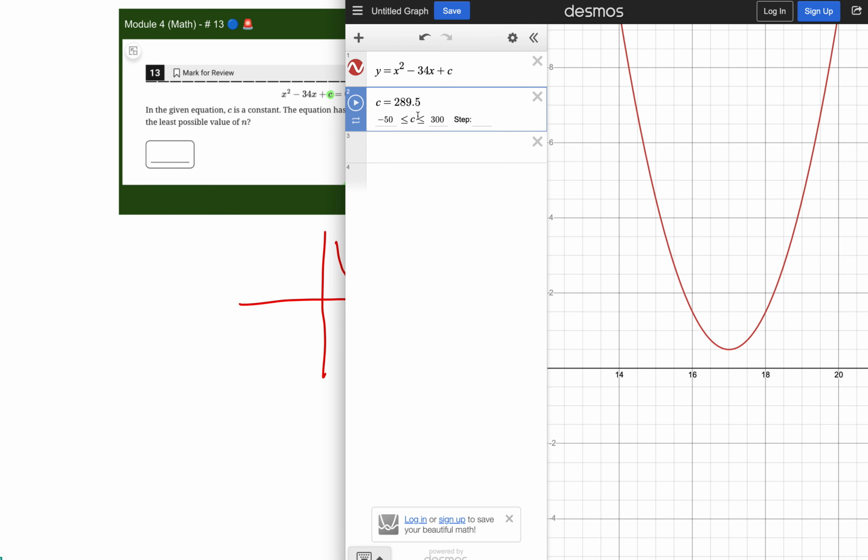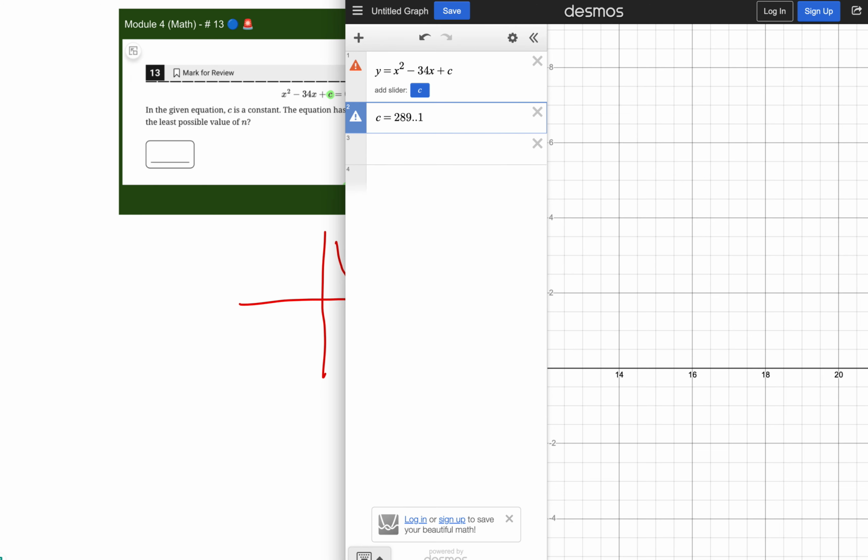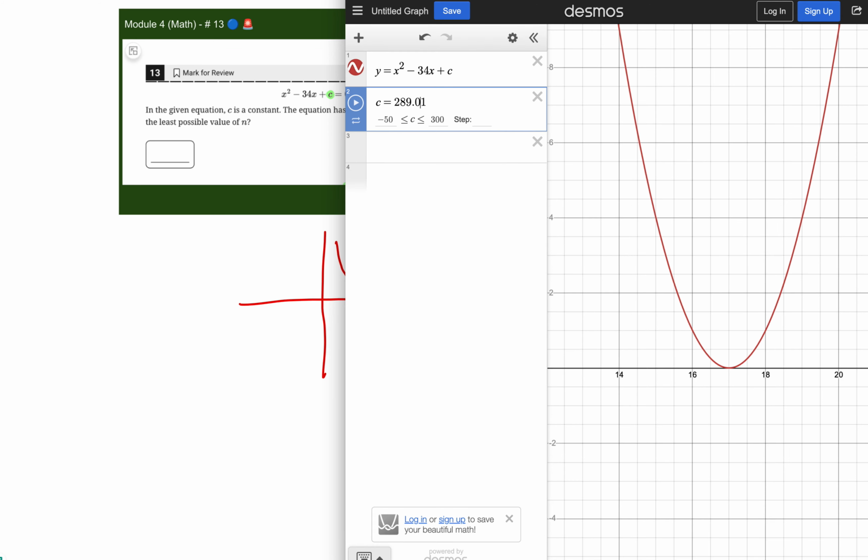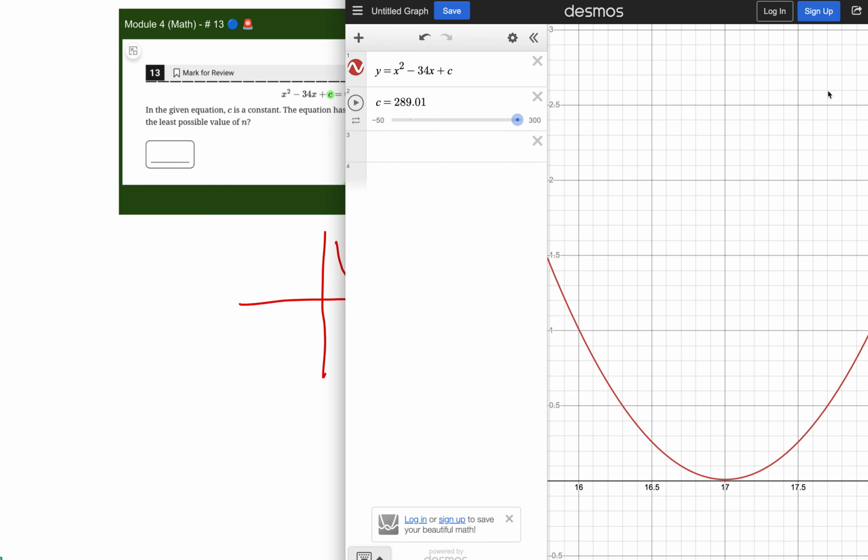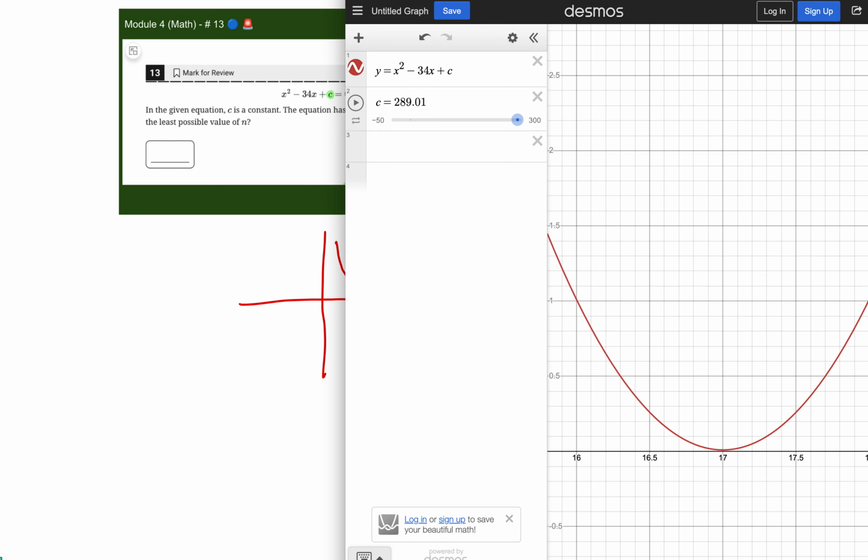If I go 289.1, still no solution, right? 289.01, I don't know if you're going to see that or not. Well, that's interesting. But I see a little gap right there.